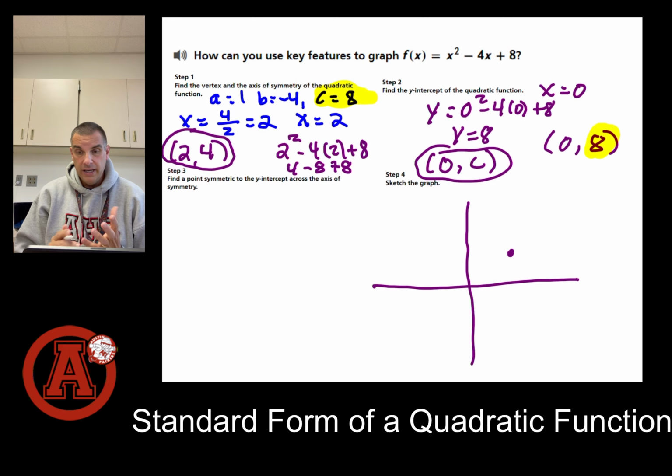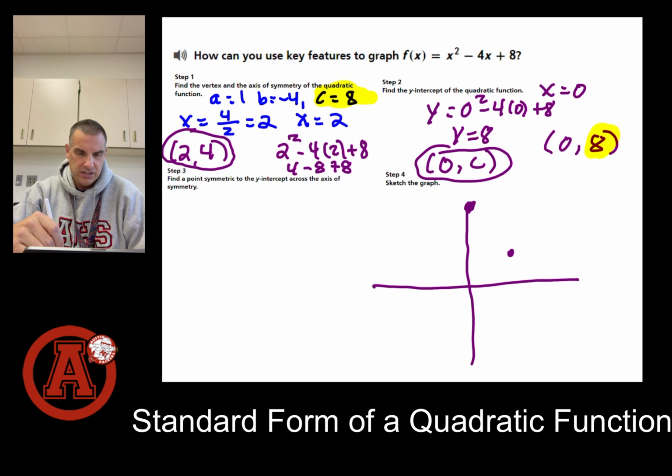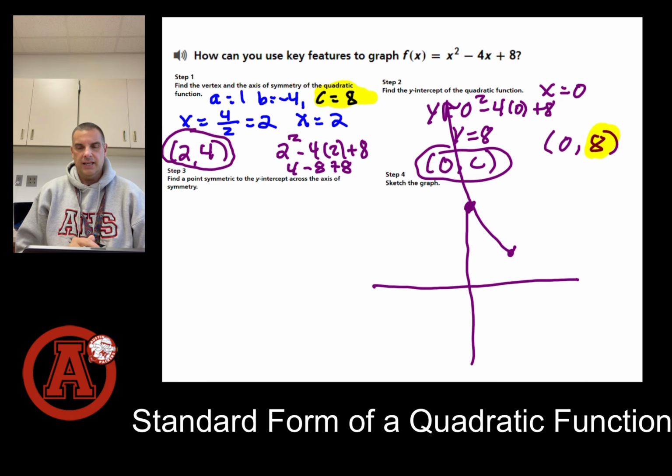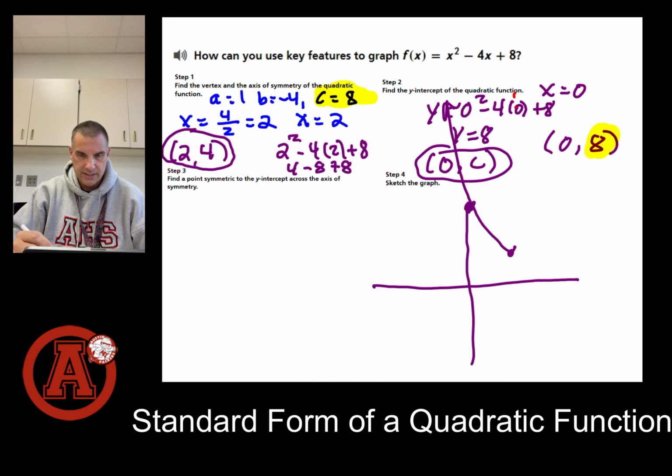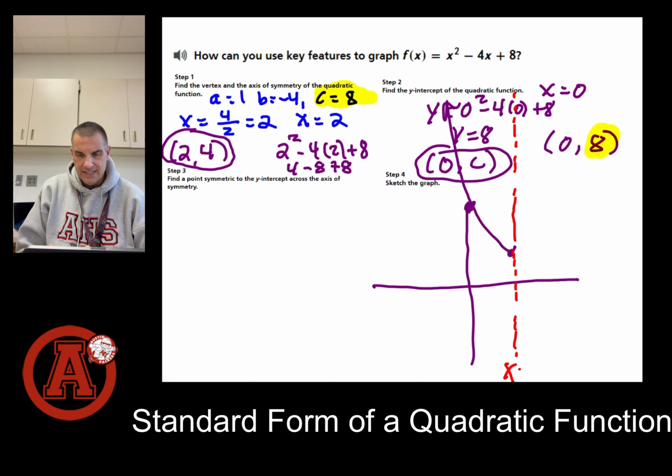We know the y-intercept is (0, 8), which is right there. So we can sketch this part of the parabola, which is going to go like this. Now, we also know our axis of symmetry line, the line that goes through the vertex, x equals 2.